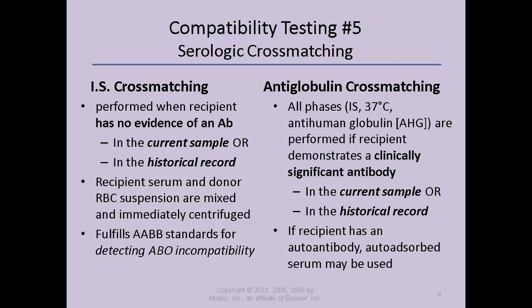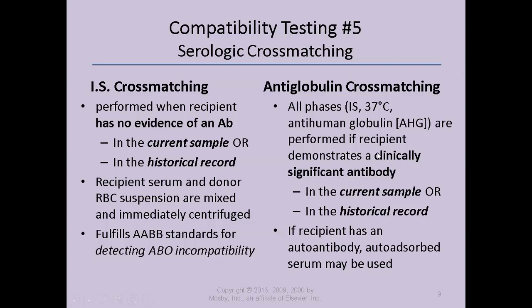So we're going to move on to a 37-degree phase where we use a potentiator, incubate our tubes, and then we're going to read them at 37, and then we're going to wash those tubes because we're getting ready to add AHG. Okay, so the 3 phases of testing are exactly the same as the phases of testing we outlined for antibody screen and panel testing. Okay, and when are we going to have to do all 3 phases?